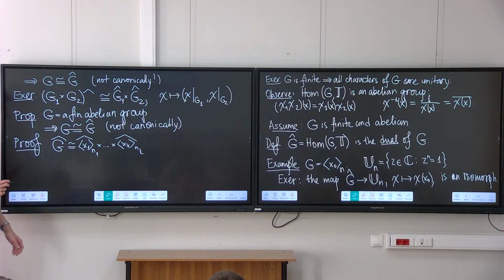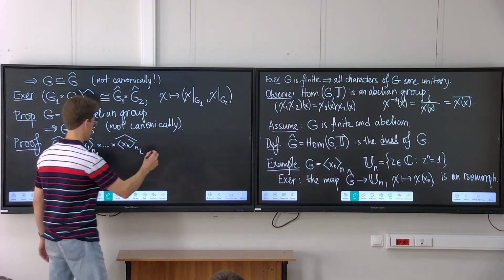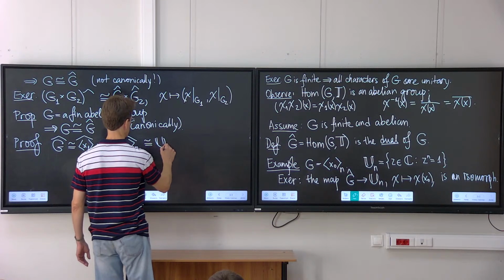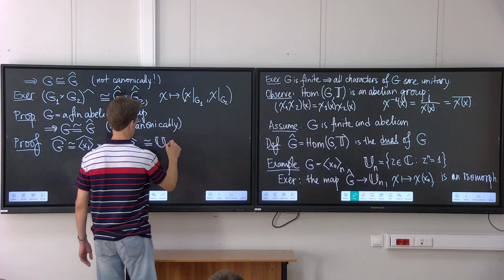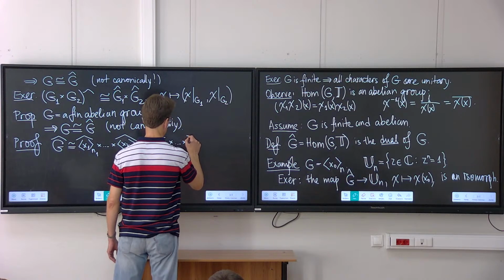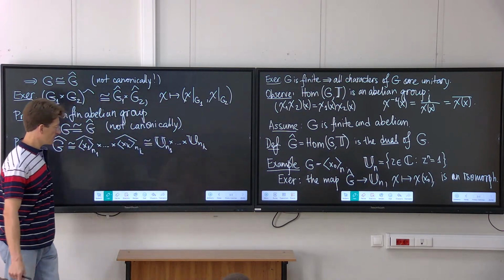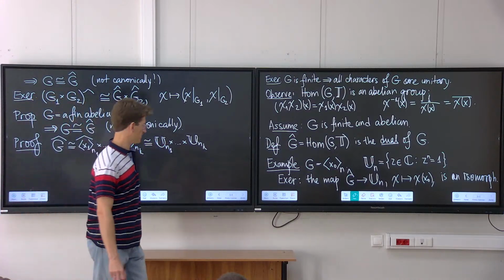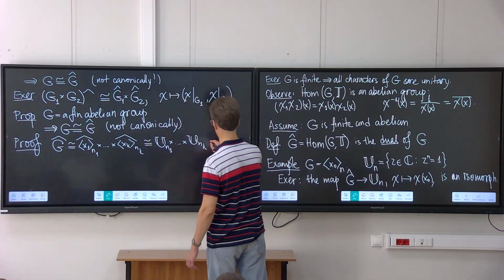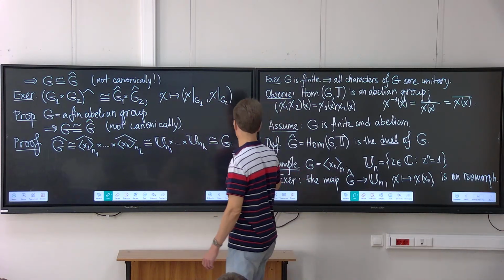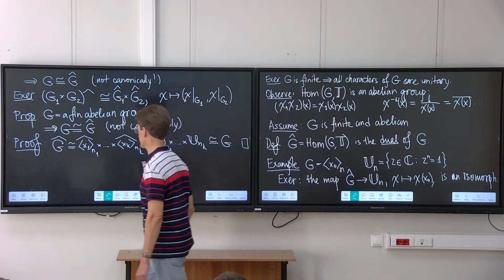But we have already calculated the dual of a finite cyclic group, so it is isomorphic to the product of U_{n1} to U_{nk}. But they are also cyclic groups of the respective orders n1 to nk, and so it is isomorphic to G. And that's it.